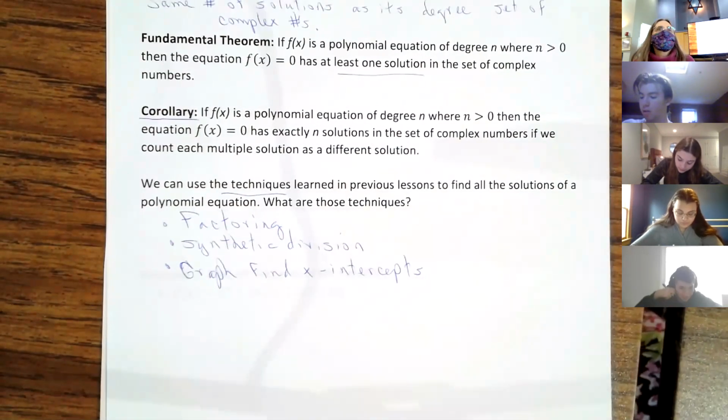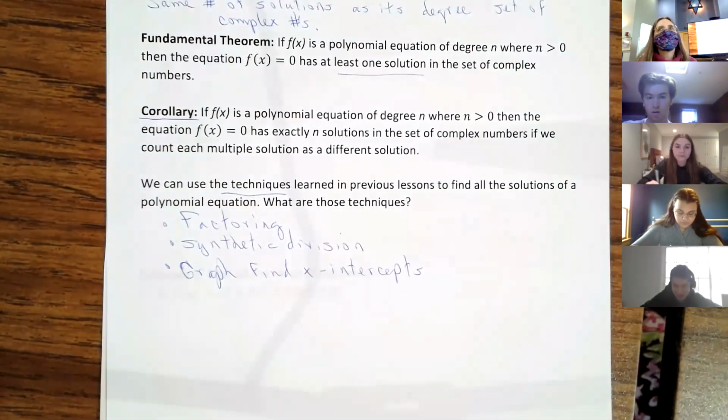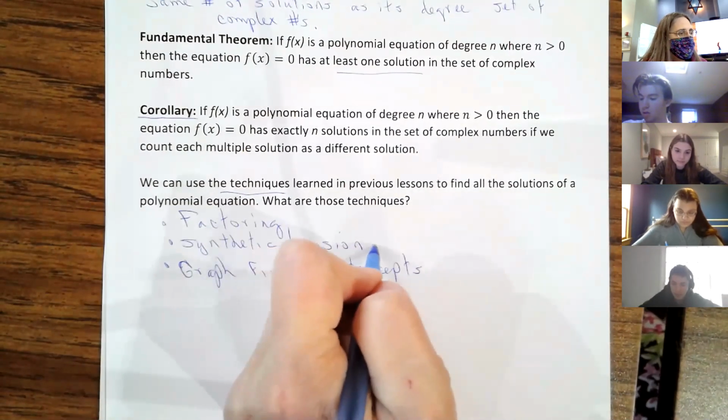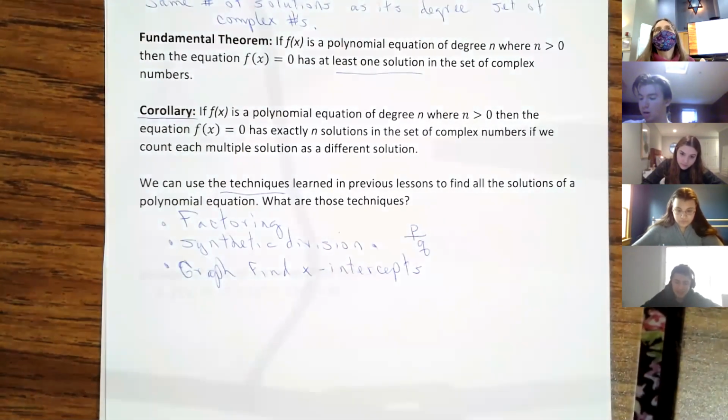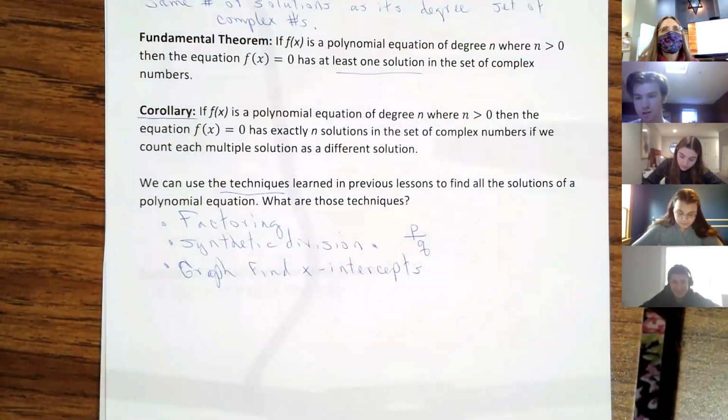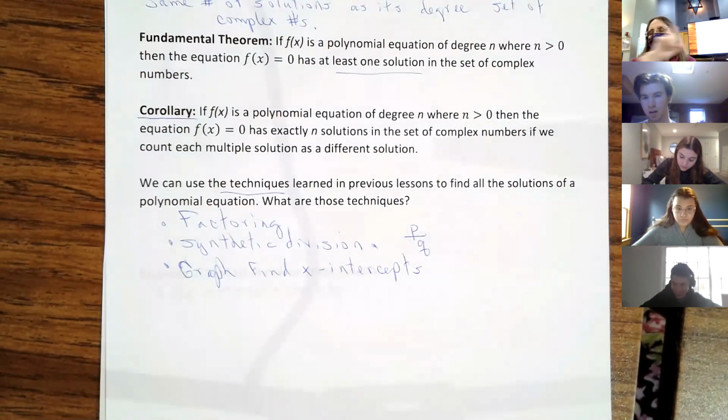Okay, what else can we do? That's pretty much it, right? What helps us in synthetic division? Remember, we have the idea of a p divided by q. What was that p divided by q that we talked about last week? The constant term divided by the, wait, what's it called? Mikhail, say it again.